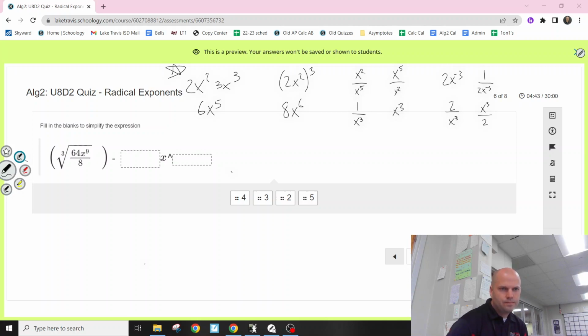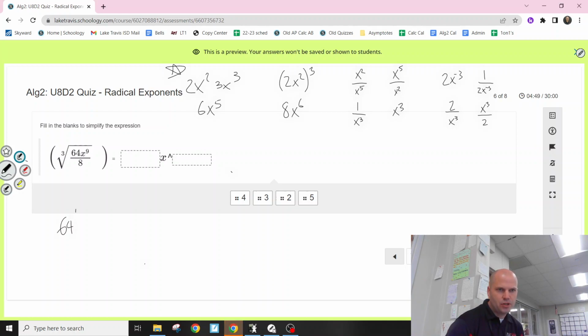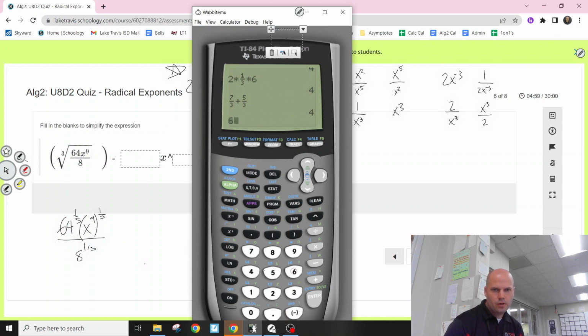This is a good one. There's multiple ways to do it, but let's just assume what you've always done when you see powers to powers: you always take everything to the power. So you got 64 to the 1/3, which is 4.